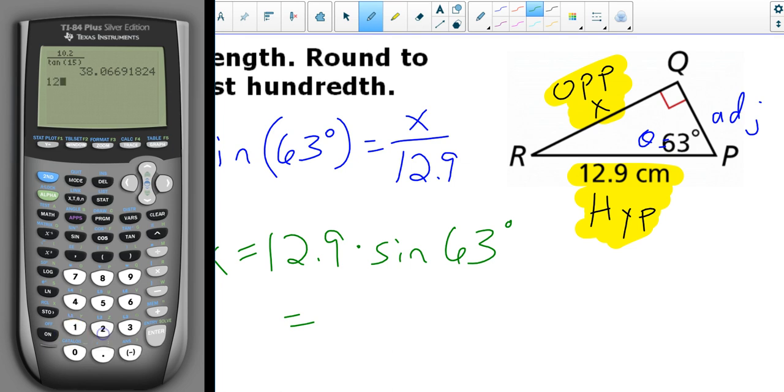I'm just going to take 12.9 times the sine of 63, close my parenthesis, press enter, and I get 11.4939. It says to the nearest hundredth again, so 11.49, the number after the 9 is not 5 or larger, so 11.49. Again, I'm solving for a side, and this is labeled in centimeters, so that would be my answer for the second problem.